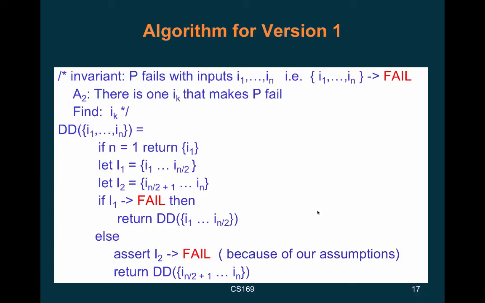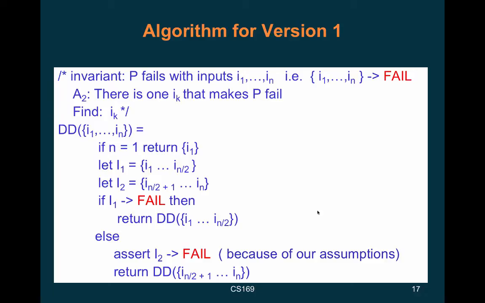So this assertion can fail if you don't have monotonicity. And then the whole algorithm just doesn't work. Okay? So it cannot be in here, but you know it's somewhere, so it must be in here. Therefore, it makes sense to go on. Oh, one more thing: Ik must be in here, and because of monotonicity, I2 will fail.